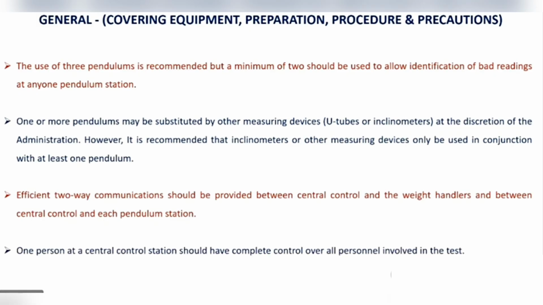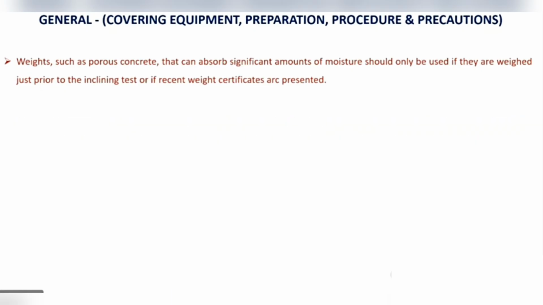One person at the central control station should have complete command of the experiment. Regarding the weights, if there is a weight which can absorb moisture from the atmosphere, then its weight can change depending on how much moisture it has absorbed. So your weights should be such that they don't absorb moisture from the atmosphere.